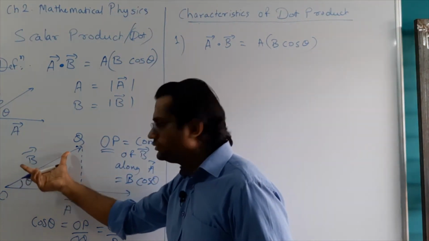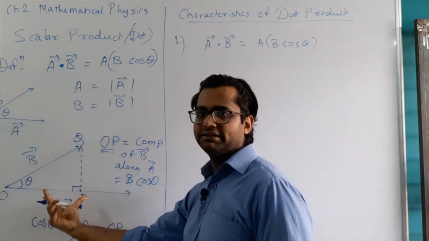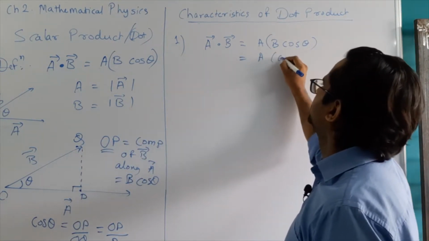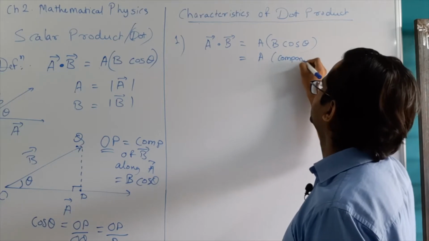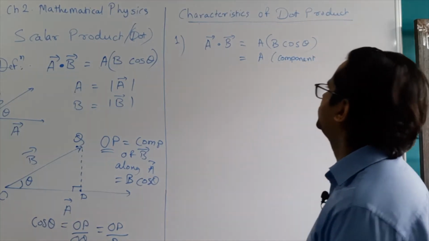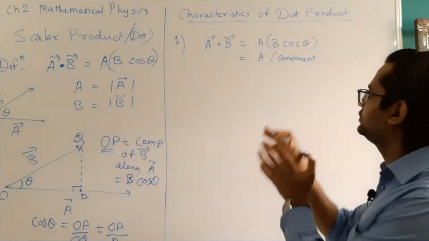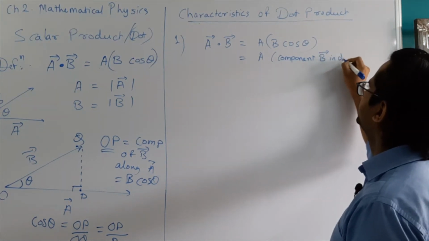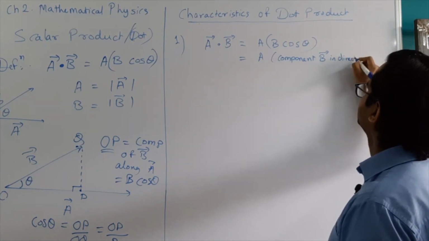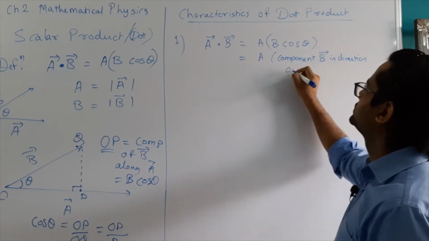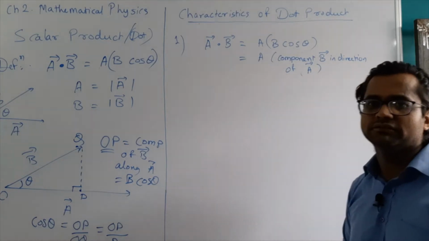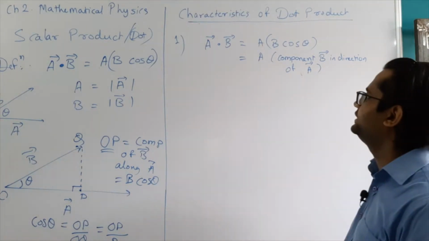It is the component of B vector in the direction of A vector. So we can write this as A into the component of B bar in the direction of vector A bar.